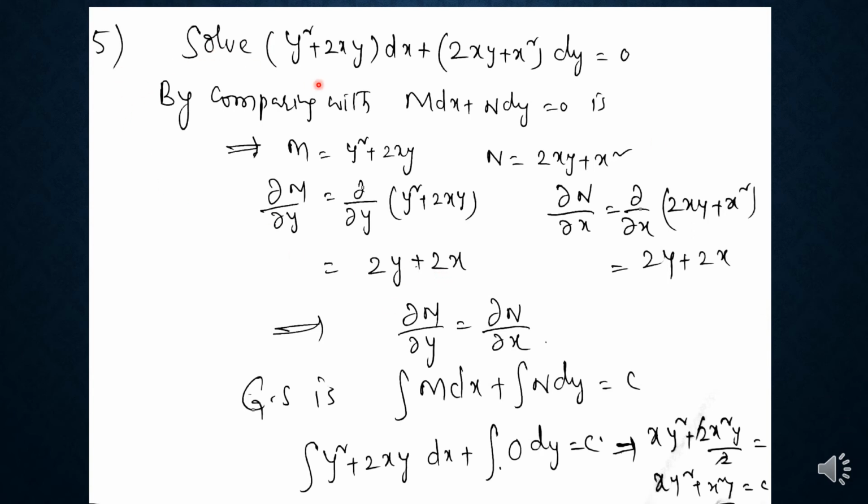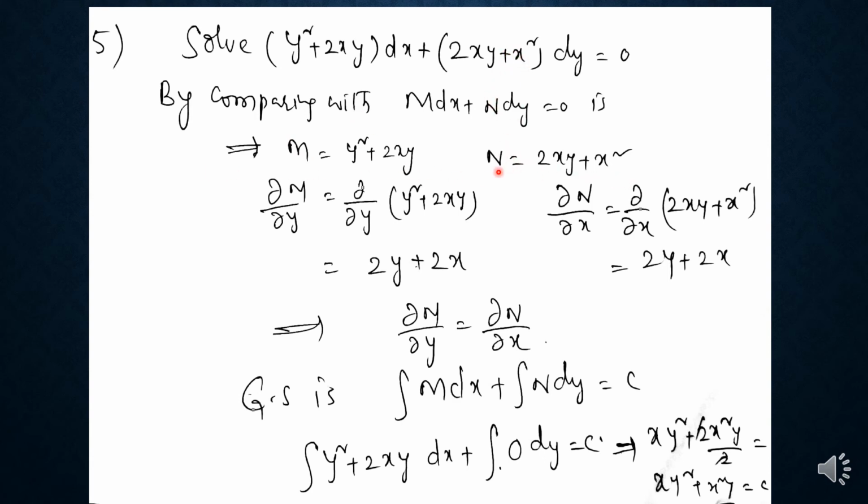So to solve this problem, by comparing with the general form of the exact equation M dx plus N dy is equal to 0, M is equal to y square plus 2xy and N is equal to xy plus x square.